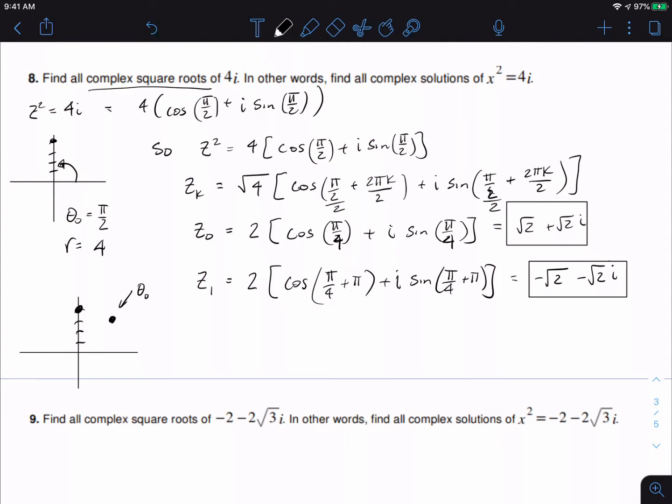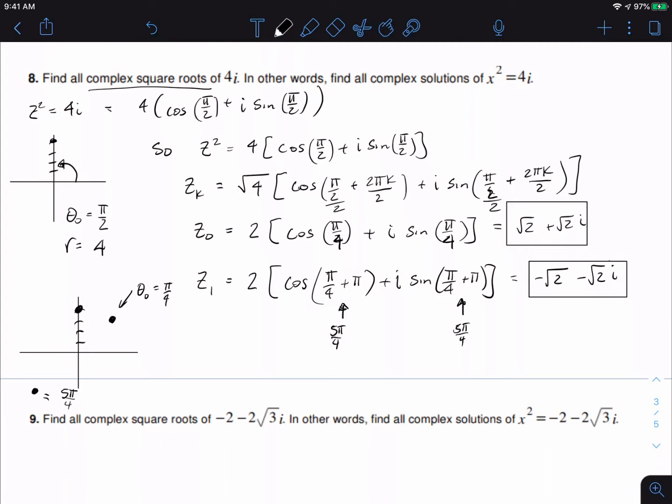So going a half circle distance is going to put us over here. So then this angle is pi over 4. And this angle over here then has to be 5 pi over 4. And so we end up seeing that this angle here, without doing a bunch of math, is 5 pi over 4. And this is 5 pi over 4.